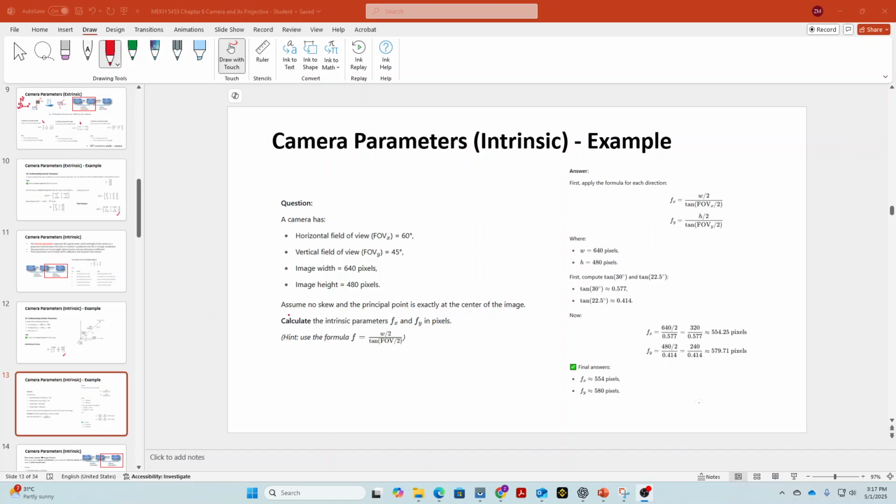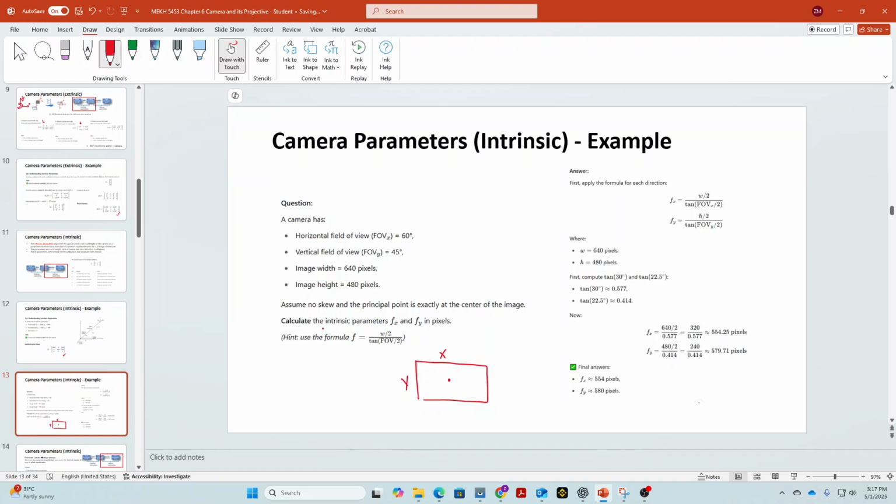Assume no skew and the principal point is exactly at the center of the image. What that means is, this is your sensor, this is Y, this is X, and the principal point is over here at the center. So you just divide by 2 for both the width and the height.